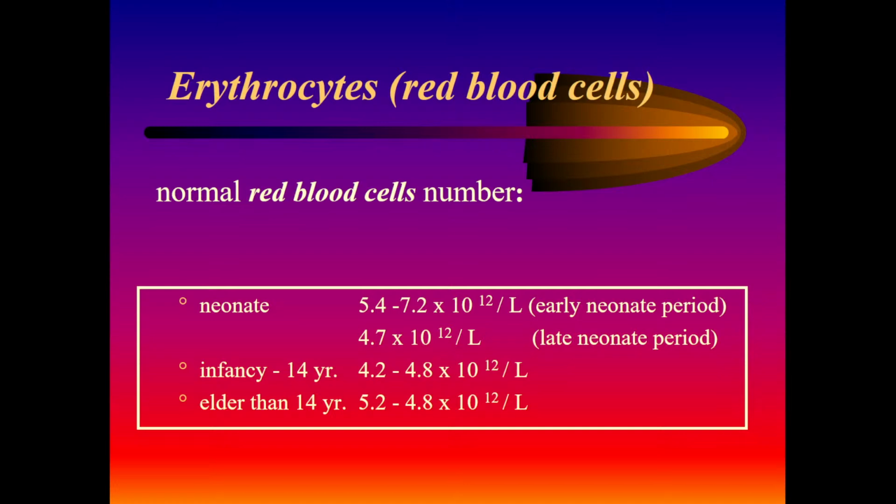In infancy, the border of the normal red blood cell number, as you can see in this table, is between 4.2 and 4.8, and in those older than 14 years, 5.2 to 4.8.